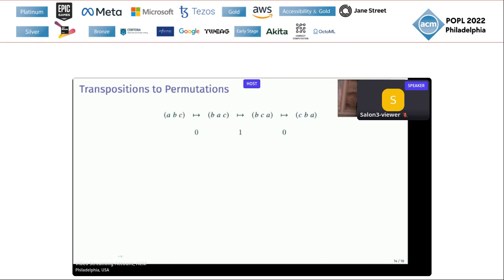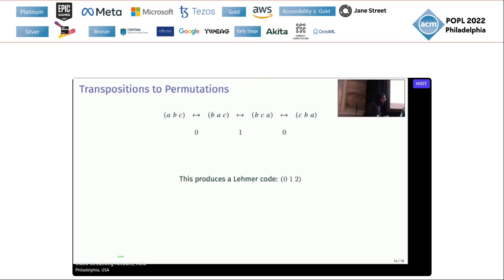Okay, so this 0, 1, 0 can then be translated to something called a Lehmer code. What is a Lehmer code? Well, a Lehmer code is a compact representation of what a permutation does. So the Lehmer code for this is 0, 1, 2. What does this mean? It says how many inversions you need to perform on the elements. So when you see A, B, C, how many inversions on A?